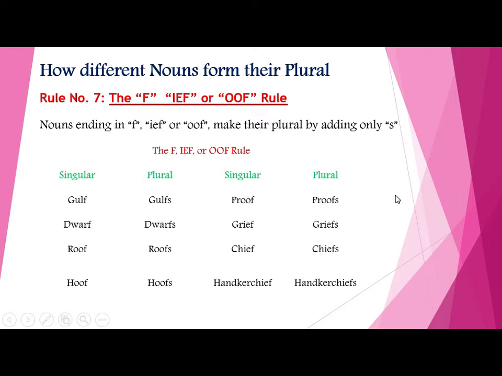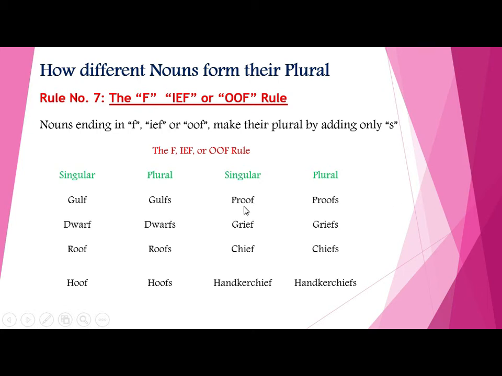According to this, if a noun ends in F, IEF or double OF, make their plural by adding only S, which is clear from the following table, in which a singular noun ends with F. Here gulf ends with F. In this word it ends with F, roof ends with F and hoof ends with F, and we put only S at the end of the word and the noun becomes plural.